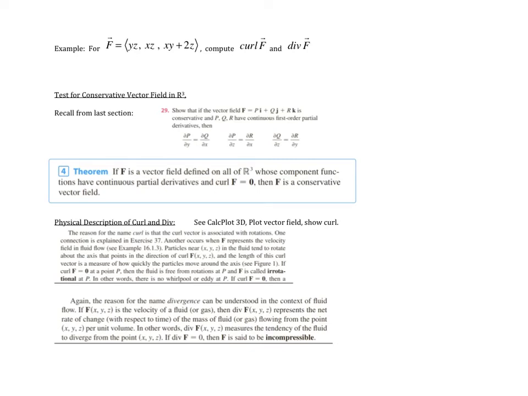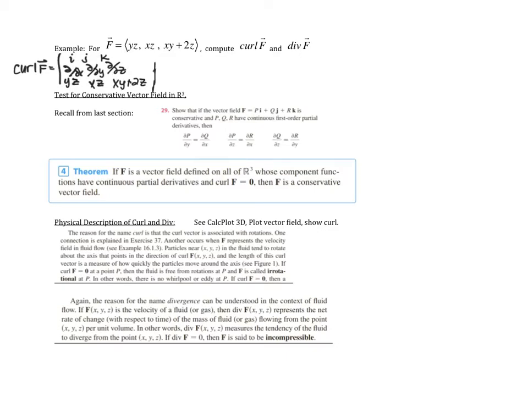All right, so suppose I asked you on this problem to find the curl of F. I like to use the whole cross product idea instead of that formula. Partial with respect to x, y, z of yz, xz, xy plus 2z.